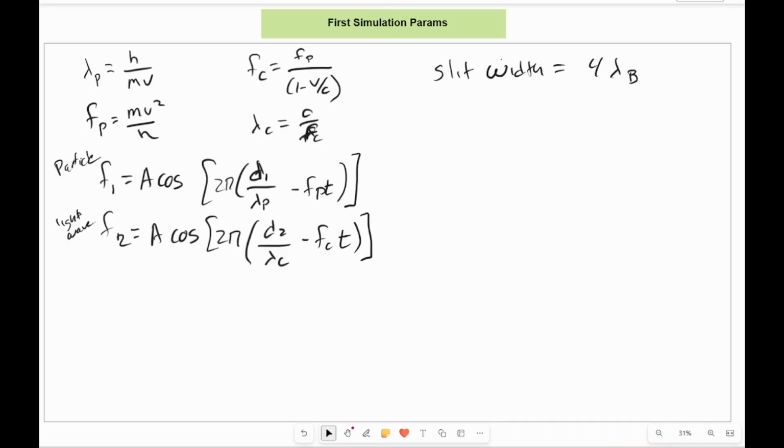I want the wavelengths of the particle and the light to be kind of on the same order. I'm going to pick a pretty high velocity such that we start to bring down the wavelength of the light signal as well. Yeah, so I guess, is this the right way to write it?